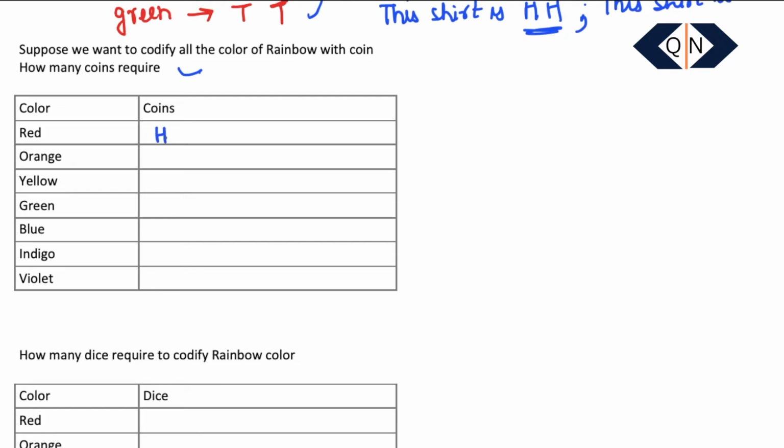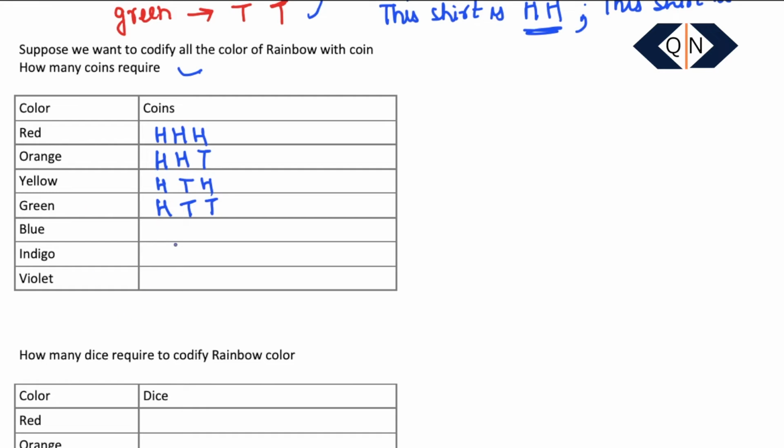So let's start codifying. We will write head, head, head; this will codify red. Then head, head, tail; this will codify orange. Then head, tail, head; this will codify yellow. Then head, tail, tail; this will codify green.